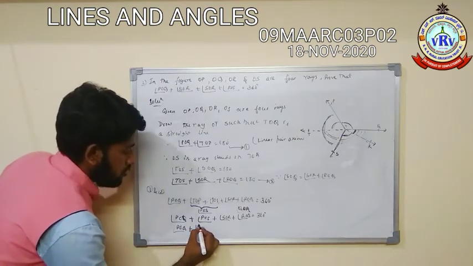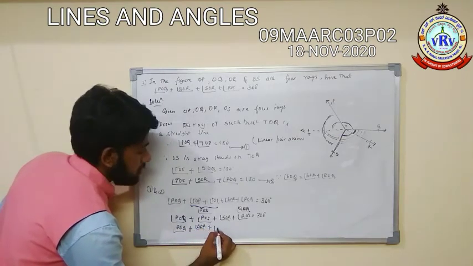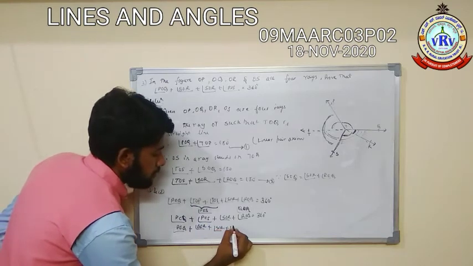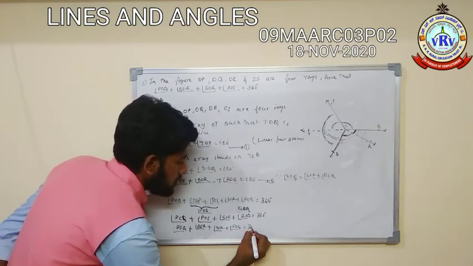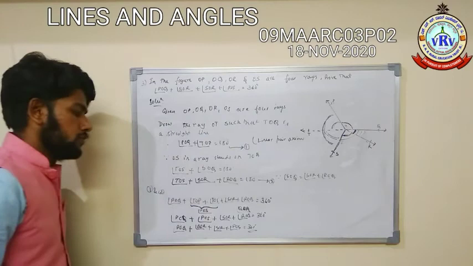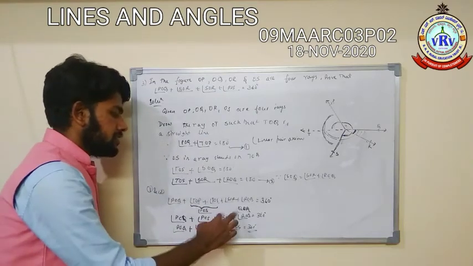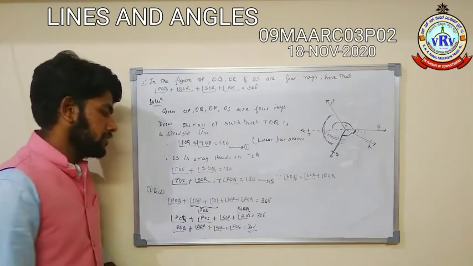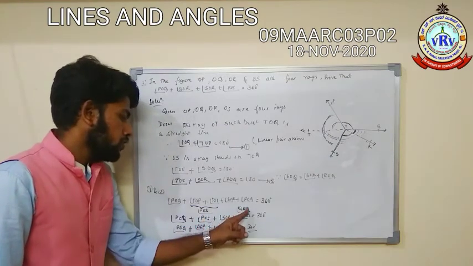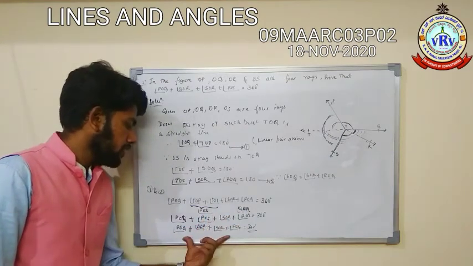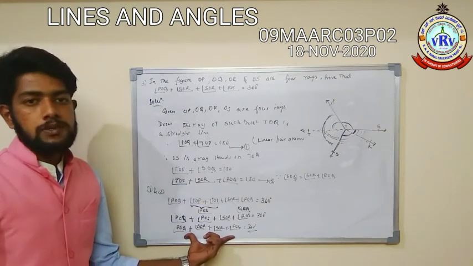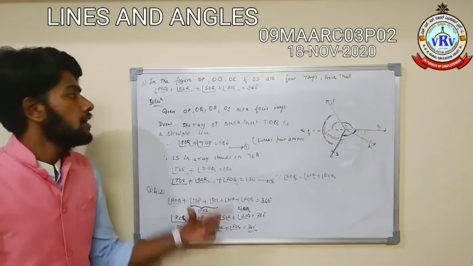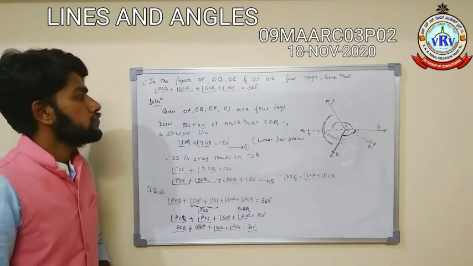So it is POQ plus QOR plus SOR plus POS which is equal to 360 degrees. That we have to prove. I can change their place because it is on the left hand side only with an addition sign, and replacing QOR and POS positions, the expression we are getting is our required proof.